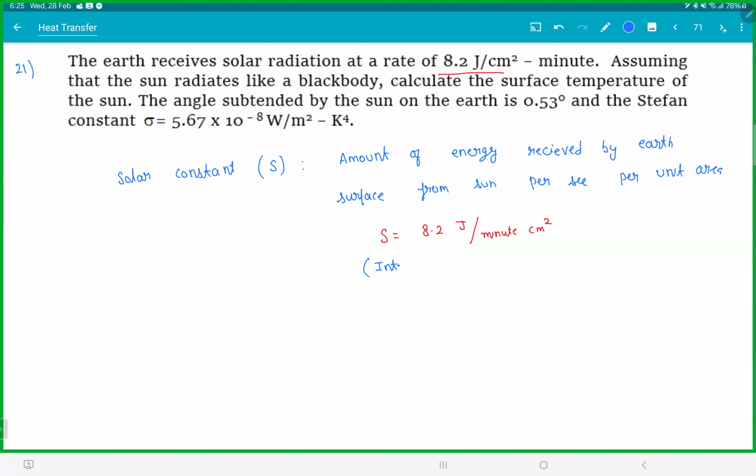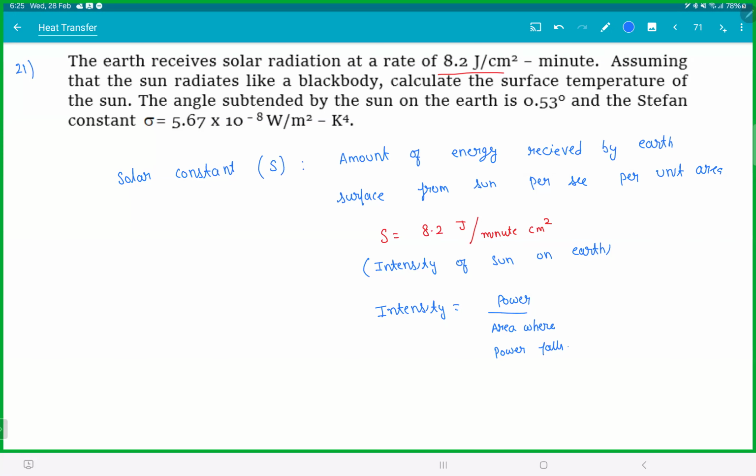This is the intensity of sun on Earth's surface. If you remember, intensity is nothing but power, which is energy by time, by area where this energy falls. So this information we have.